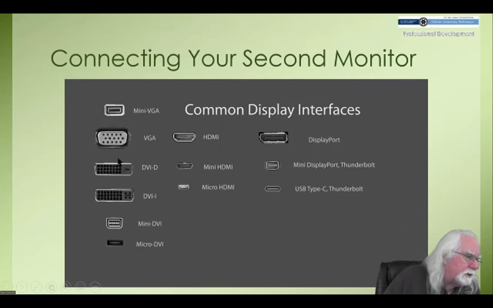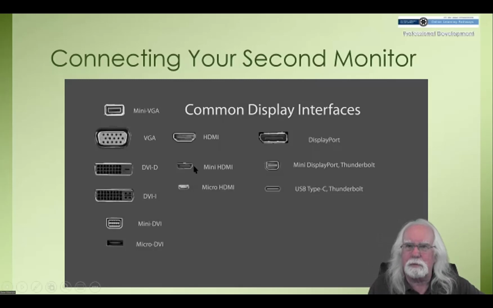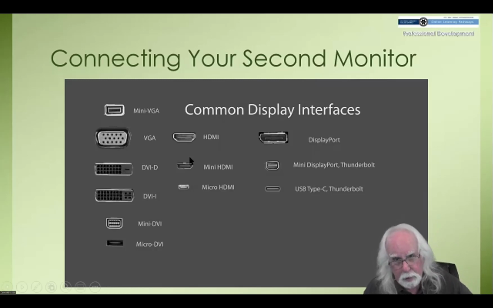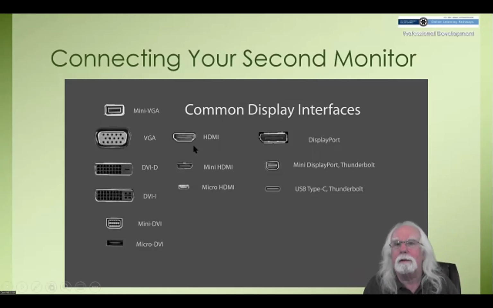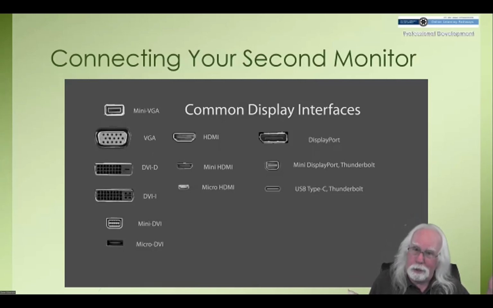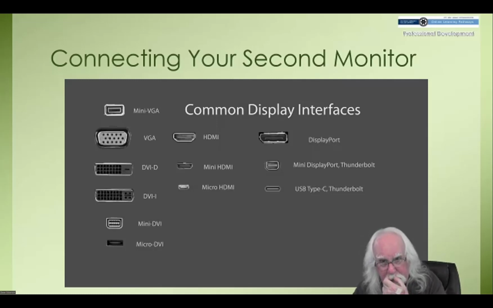There are, unfortunately, lots of different types of video connectors that are used on both computers and on computer monitors. In order to utilize a second monitor with your computer, you're going to have a cable that will connect to the computer on one end and to the monitor on the other.